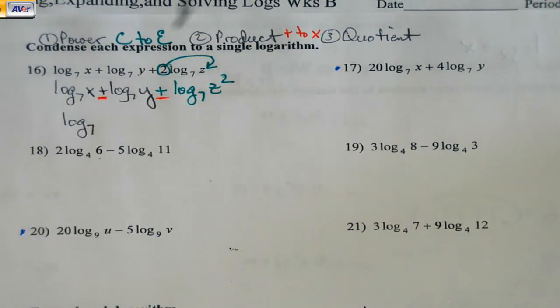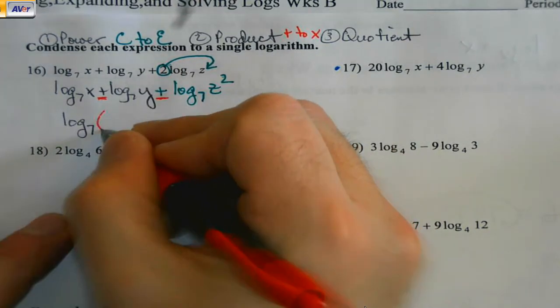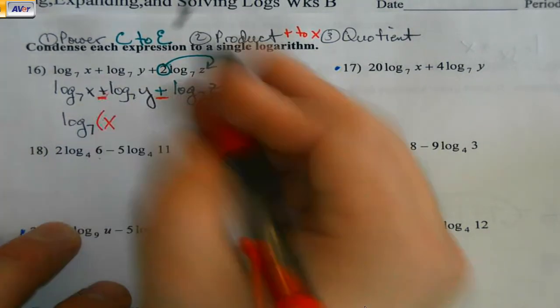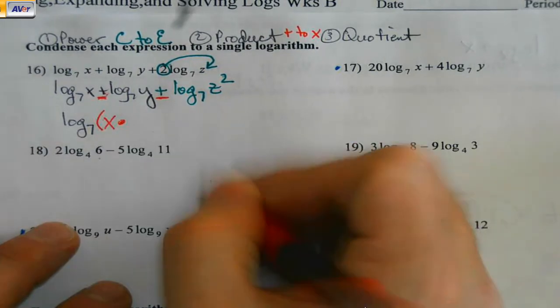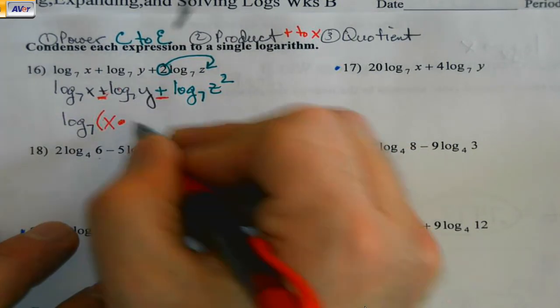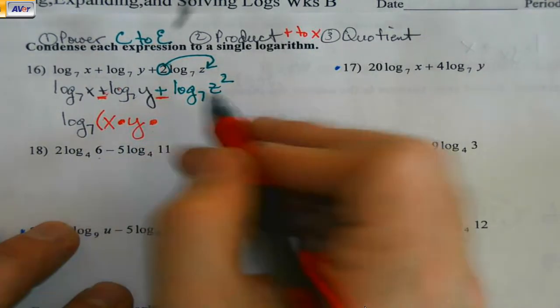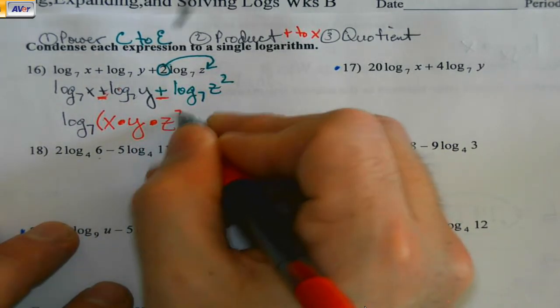So now it looks like I can get down to 1 logarithm. Log 7. And I start writing my variables. X, when I see a plus, that becomes a times dot. Y. Plus becomes a dot. Z squared.